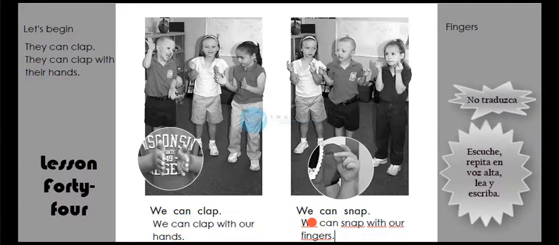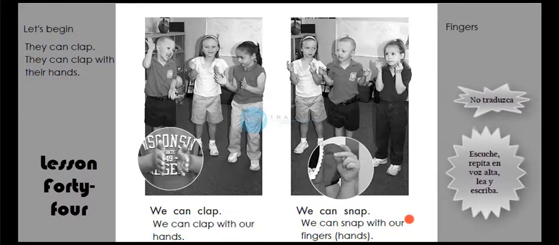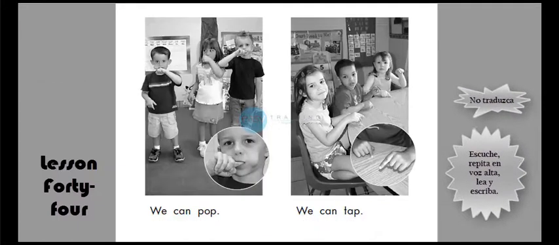Pero como los fingers están en las hands, podríamos decir también, we can snap with our hands. We can snap with our fingers, or we can snap with our hands. Okay, let's turn to the next page. We can pop.